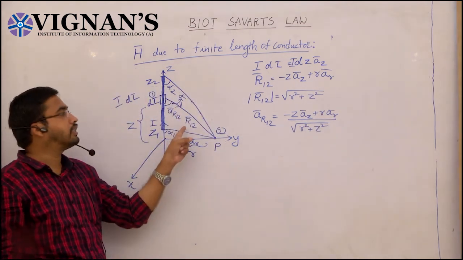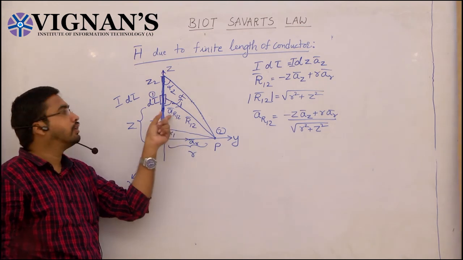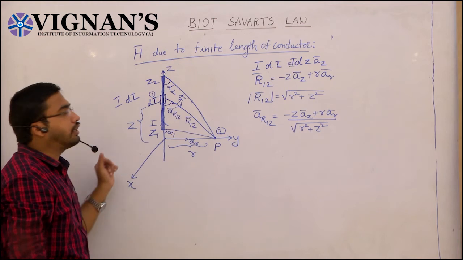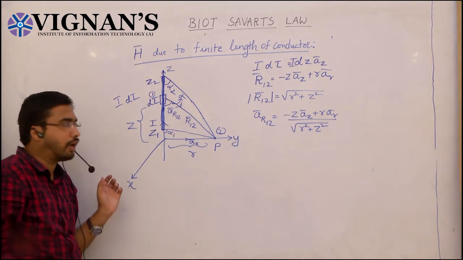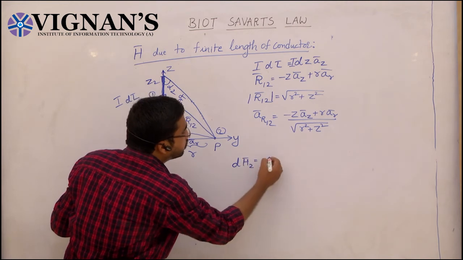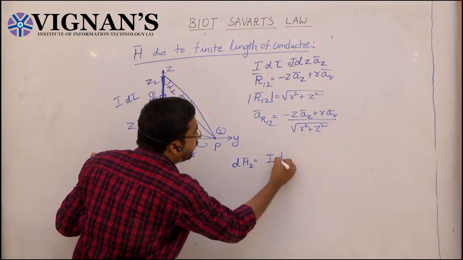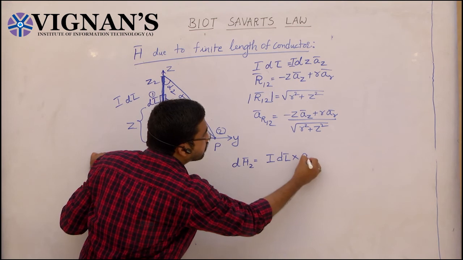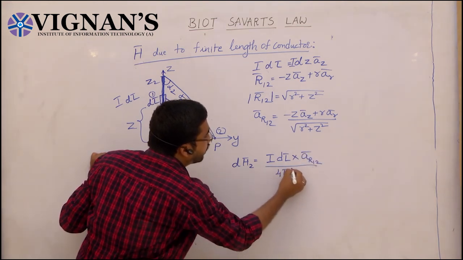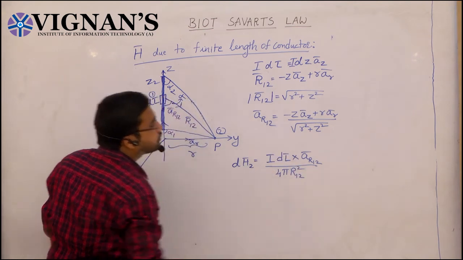So we have calculated the distance vector R12 bar and unit vector AR12 bar. So substitute that in your Biot-Savart's law formula, which is dH2 is equal to IDL bar cross AR12 bar by 4 pi R12 square.